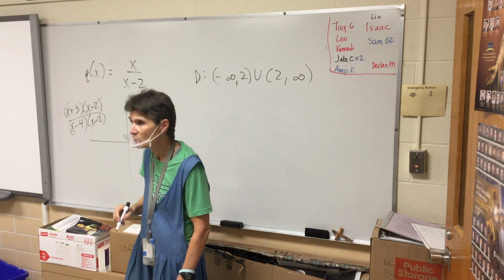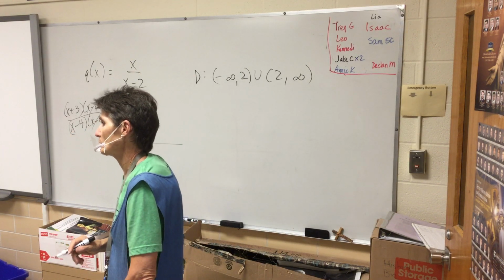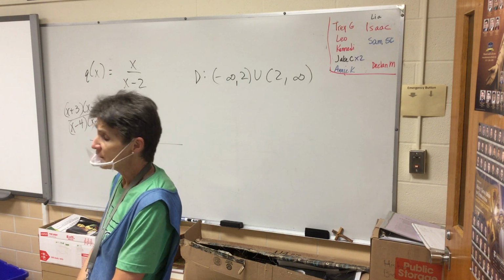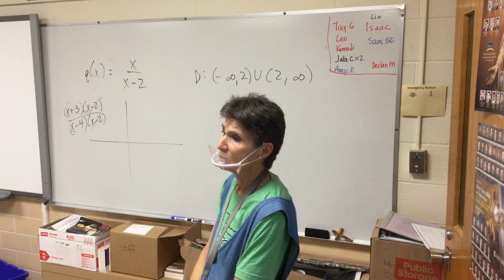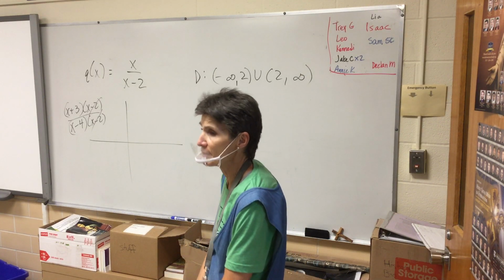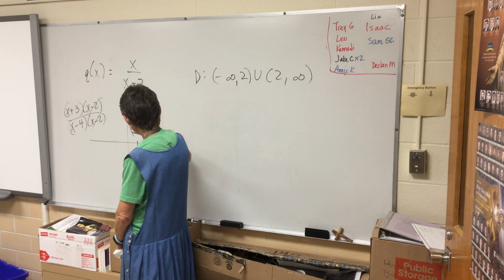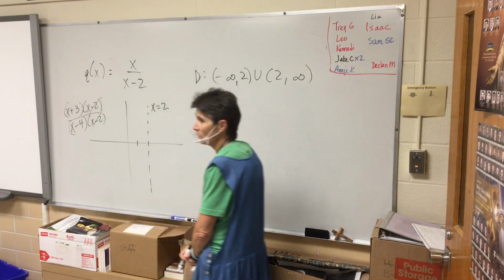No, you're stuck with that one. That is a non-removable discontinuity. And a non-removable discontinuity is an absolute break in the picture. It is a vertical asymptote. So this problem is going to have a vertical asymptote at x equals 2.